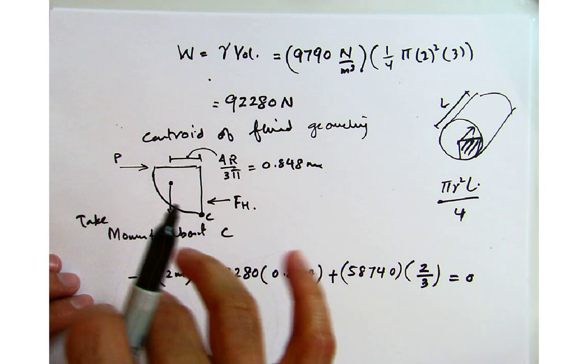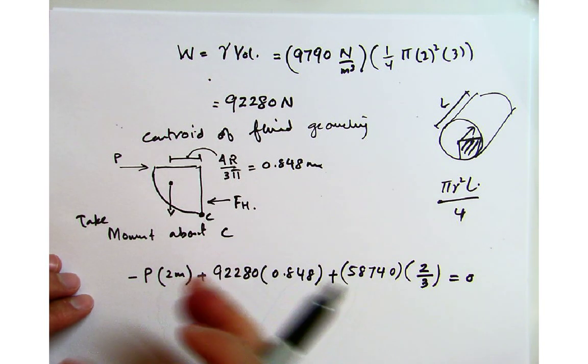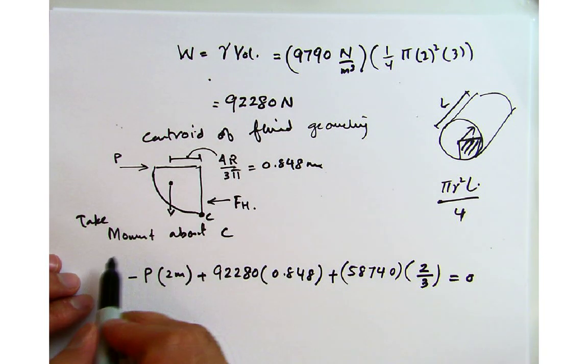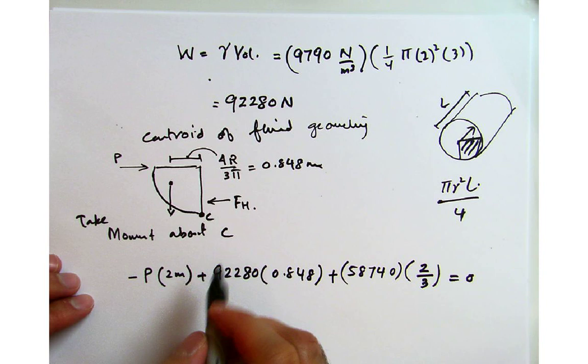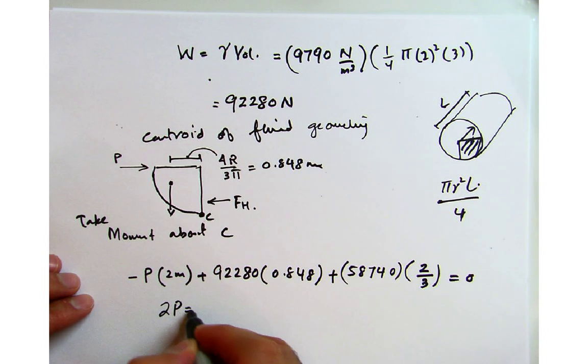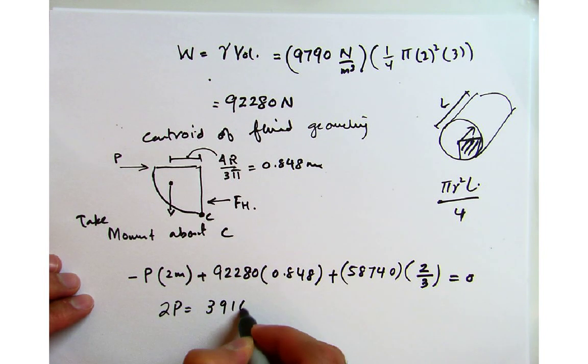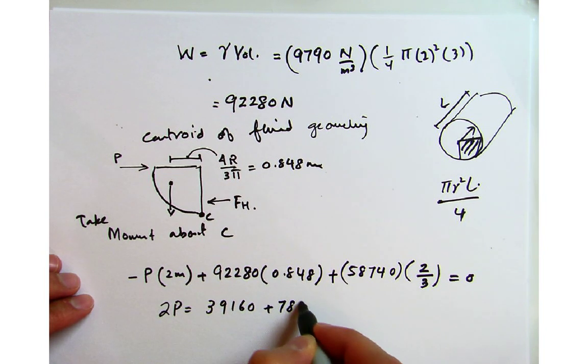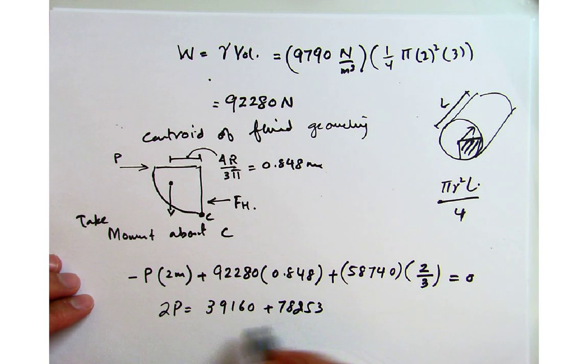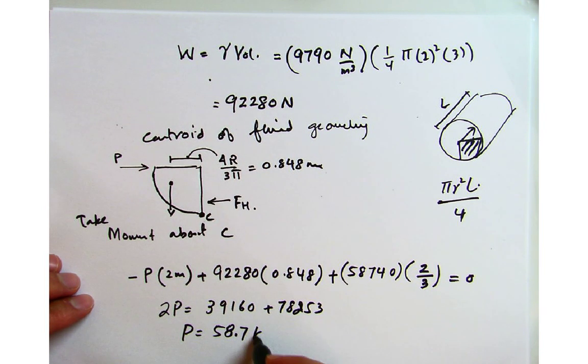If you're taking the moments and you want to balance this out, the summation of all the moments has to be equal to 0. So 2P is equal to 31960 plus 78253, and then P is simply 58.7 kilonewtons.